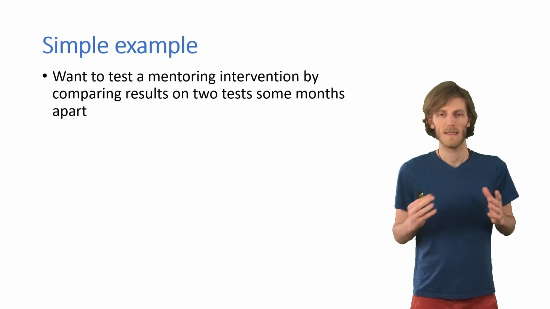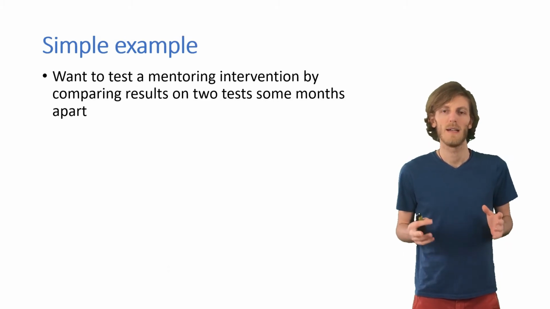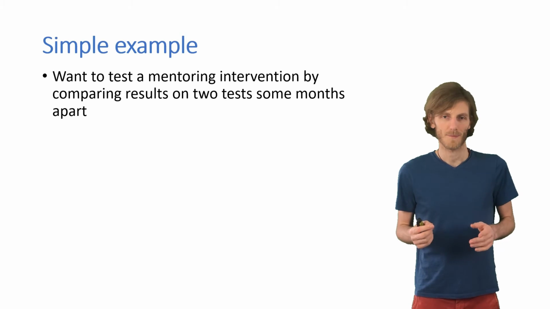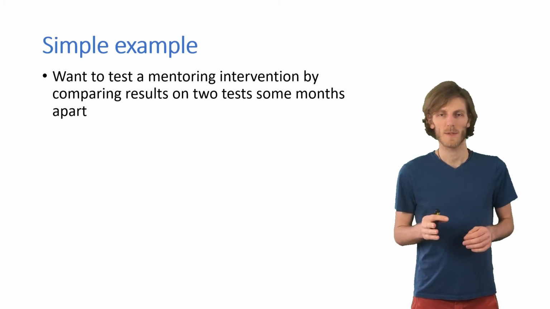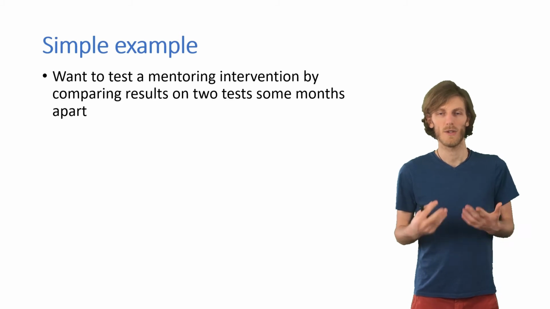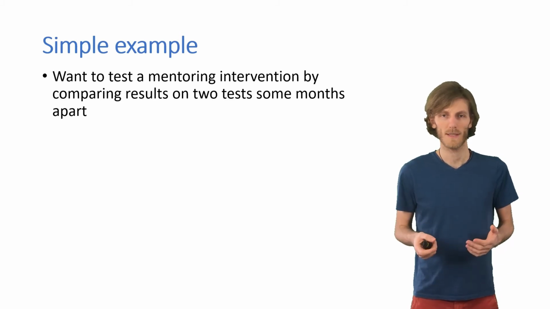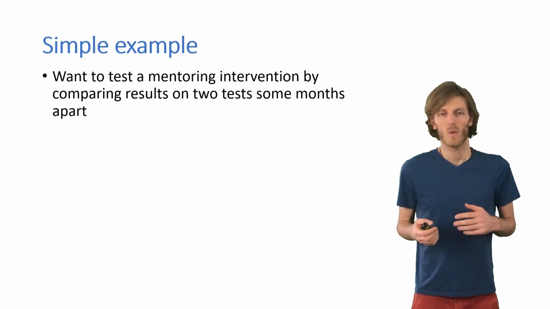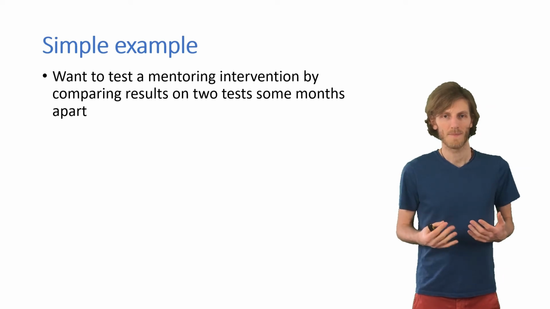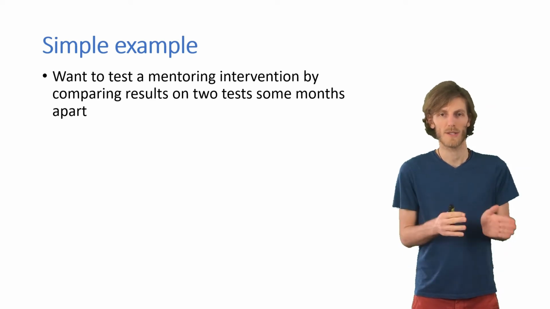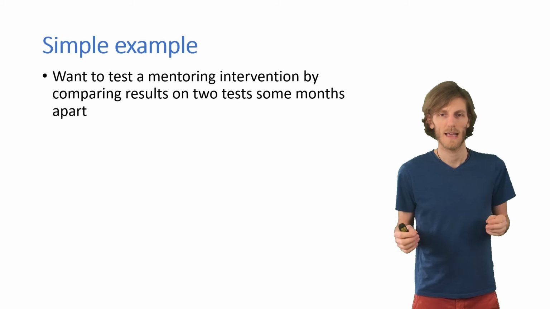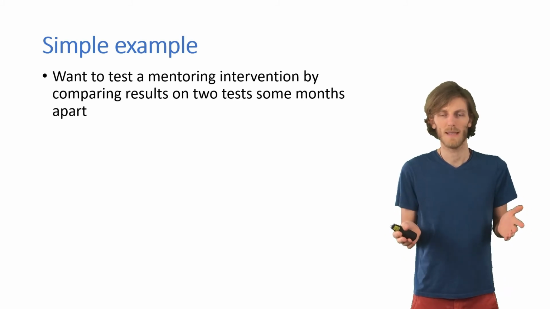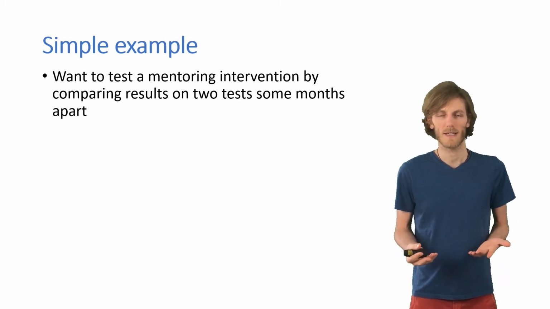But let's consider a full example of missing data, and have a look in the video description for a link to this full worked example with the full code. Let's say we're testing a mentoring intervention where we test students at 2 time points, and in between those 2 time points they experience some mentoring.